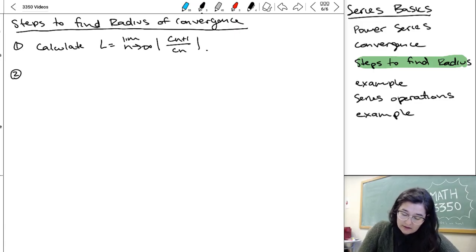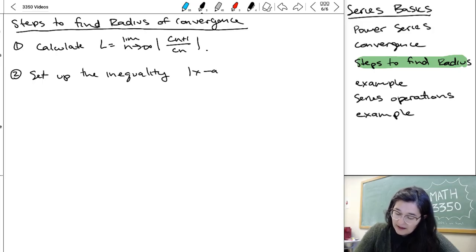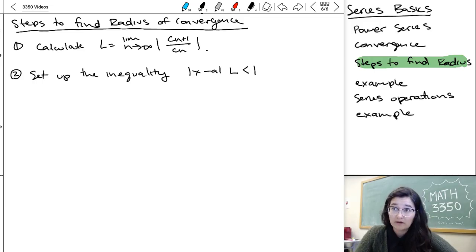And then we set up the inequality, absolute value x minus a times that L, and we want it to be less than 1 in order to have that convergence.